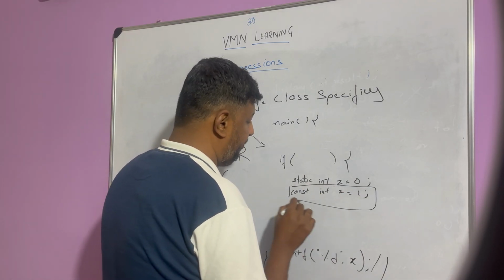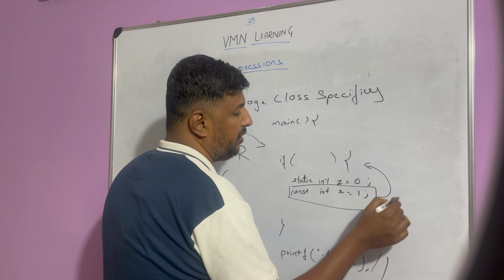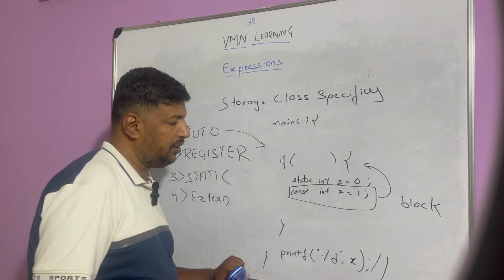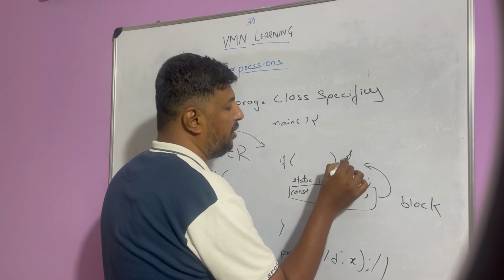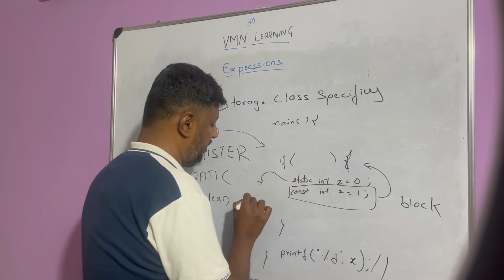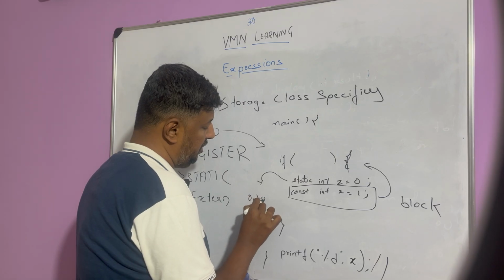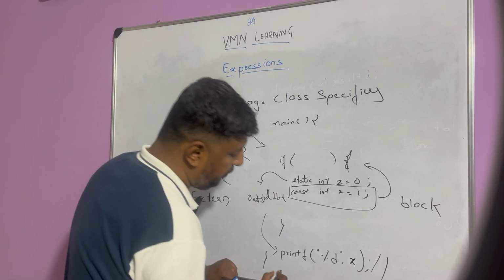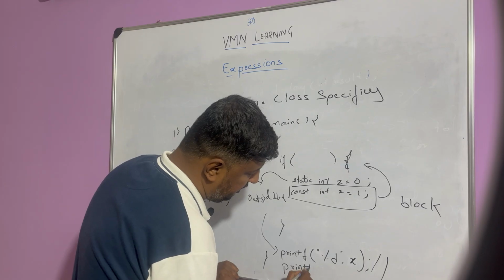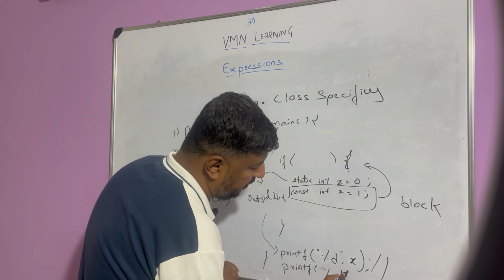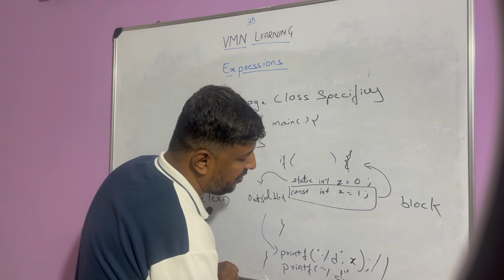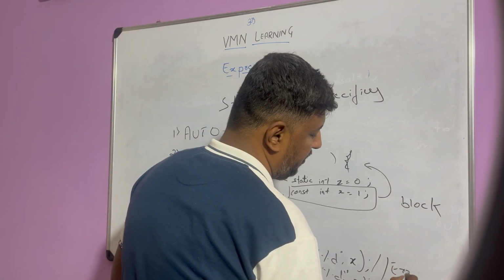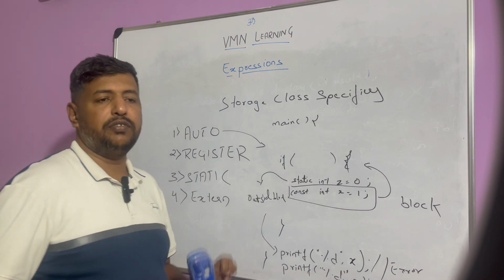The constant is defined here, but it is limited to this block, right? But this static is accessible outside the block also. So we can print it. This will pass. This will error out. Understood? That's the main difference between const and static.